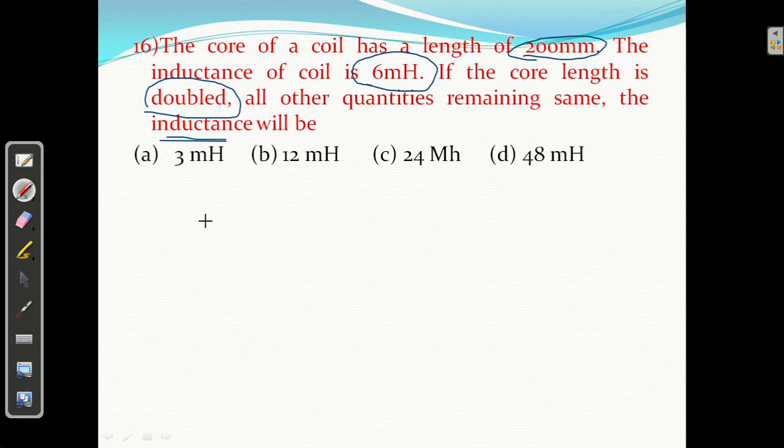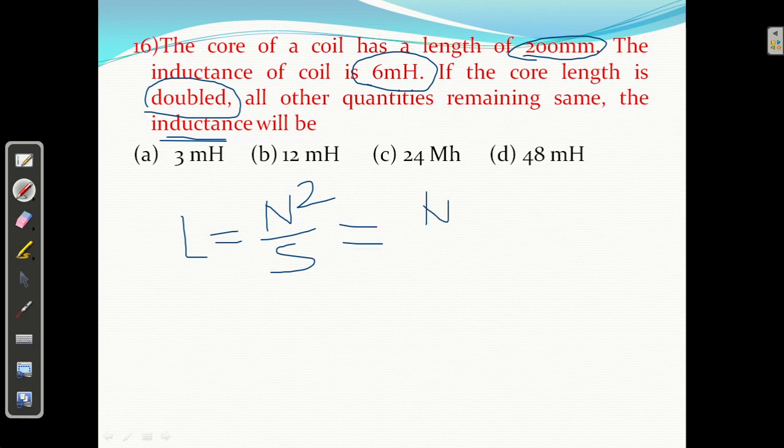So we know the formula; length is given, inductance is given, number of turns is not given. So L equal to, what is the formula? We know the definition of self-inductance. L equal to what? N square. N is not given, but I don't want to change it. N square upon S.